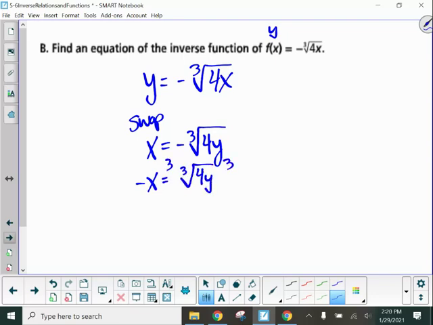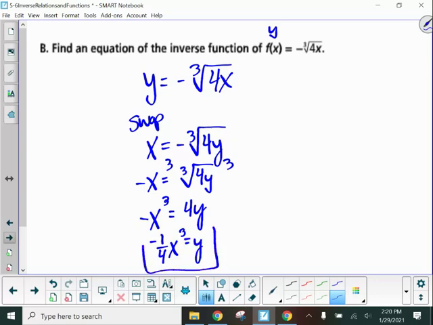And then cube both sides. When you cube a negative, it's still going to be a negative, so the parentheses really aren't necessary there. And then I'm going to divide both sides by 4. So I get negative 1/4 x cubed is equal to y, and that is going to be my inverse function.